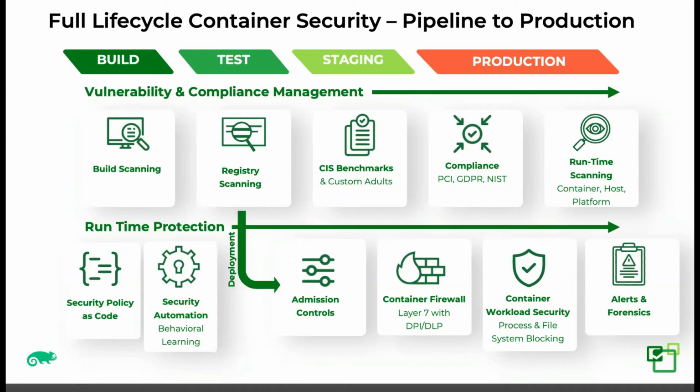And that can be treated as code, checked into your Git repo or your GitOps process, just like the deployment YAMLs are managed as well, and pushed into your production environments. And anytime there's an update to the application that requires new behavior, especially of the allow list, the same process can occur.